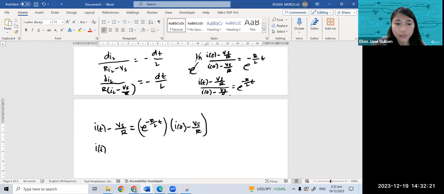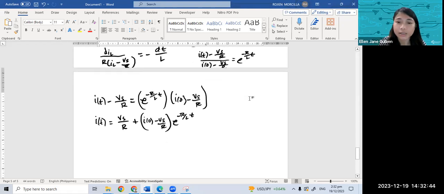I of t is equal to Vs over R plus I at 0 minus Vs over R times e to the negative R over L t.